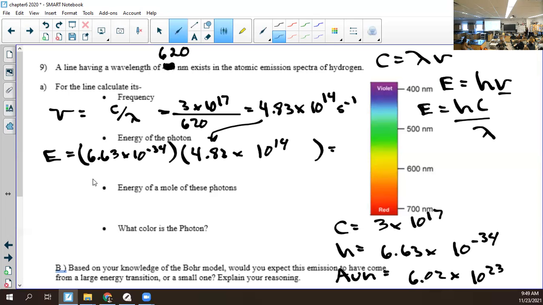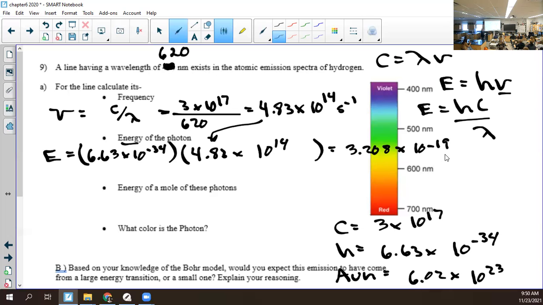But anyway, we have an answer right here in your calculator. What did you get? Are we okay with that? 3.208 times 10 to the -19. All right, sounds good to me. So that is the energy of a photon.